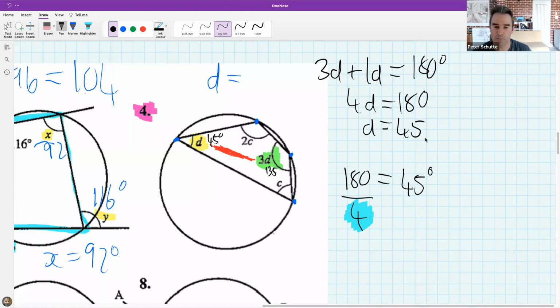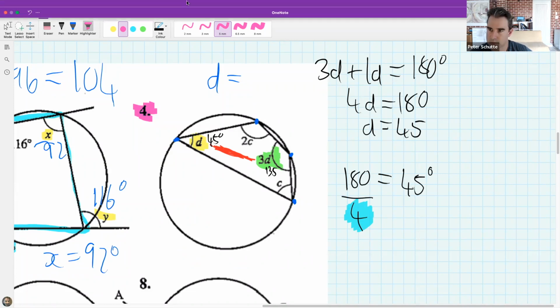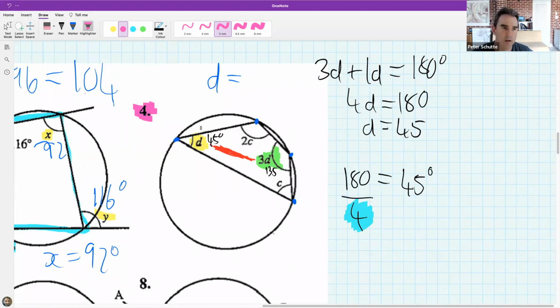Okay. So based on what we've just been told, I want to know now, what is the value of C? So there's no more mysteries. We know D is 45, 3D is 135. I want to know what C is. Okay.